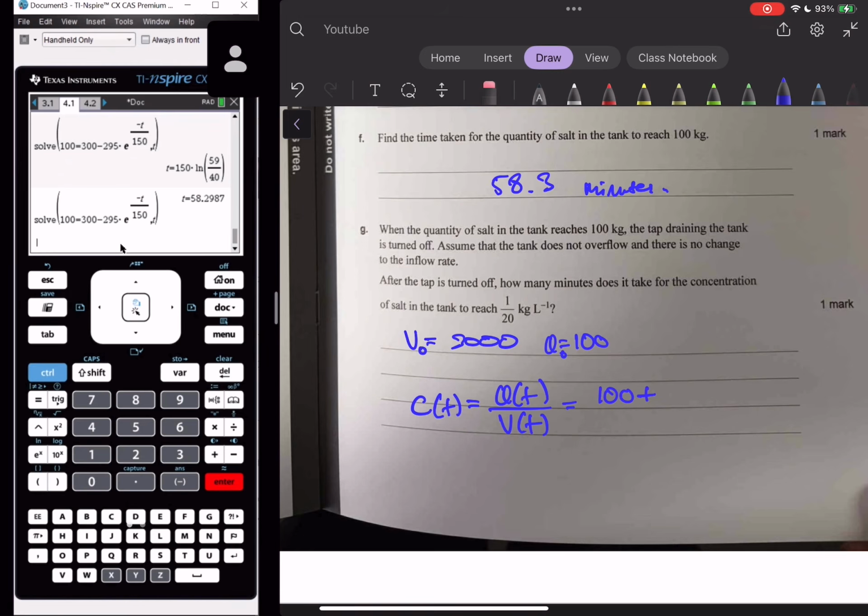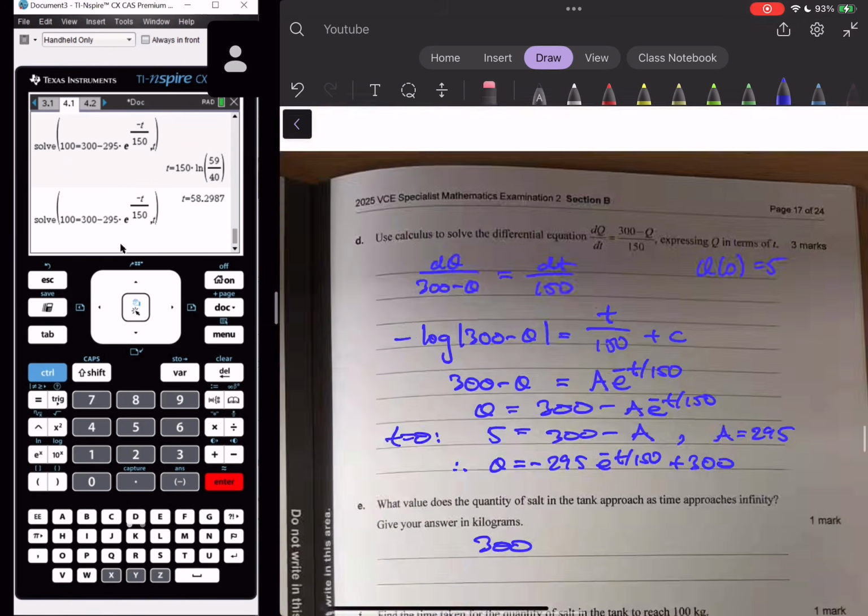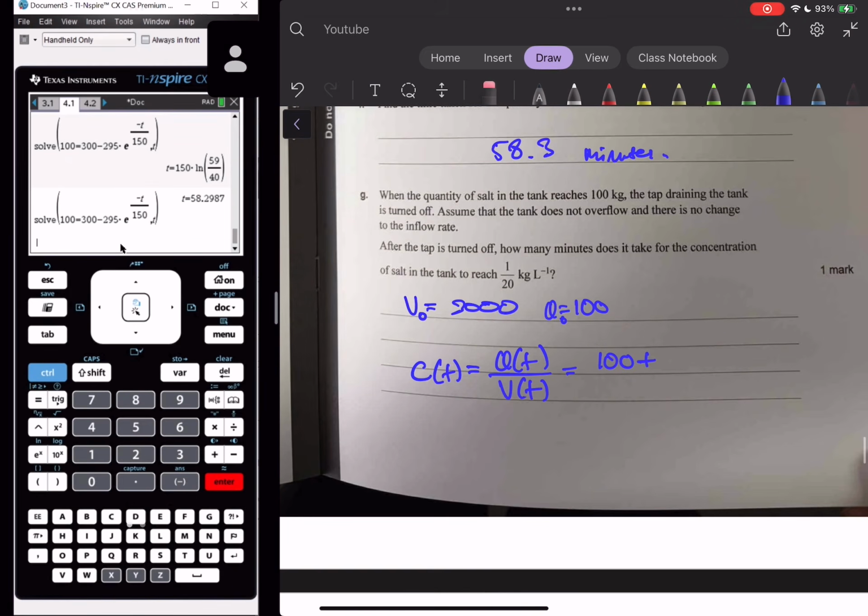We have 20 liters coming in per minute of water, and each liter contains 0.1 kilograms of salt. So that's going to be 0.1 times 20 times t, divided by 3000, which is the volume, and then we're adding 20 liters each minute.